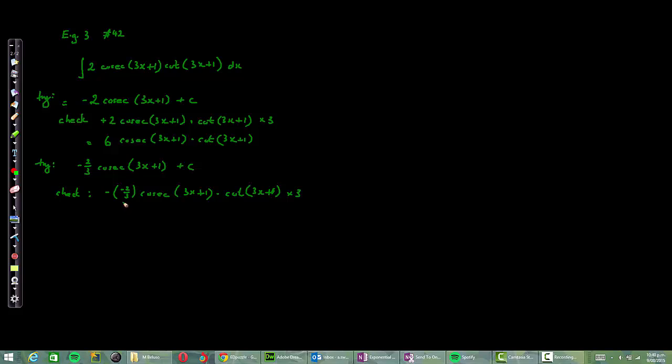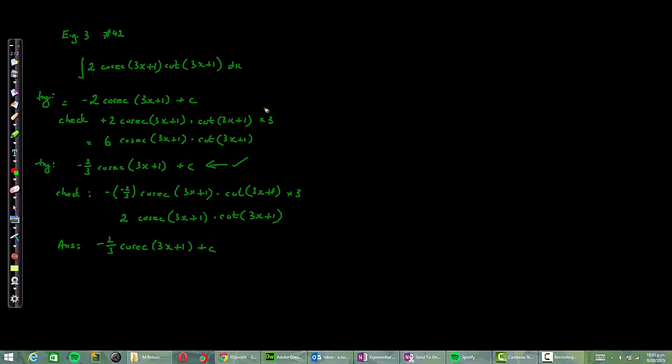The positive 2/3 times 3 becomes positive 2 cosec(3x + 1) times cotan(3x + 1), and that's what our original function was. So yes, this does seem to be the correct answer. Our correct answer was negative 2/3 cosec(3x + 1) plus c.